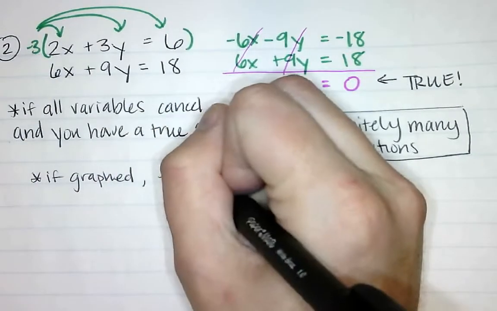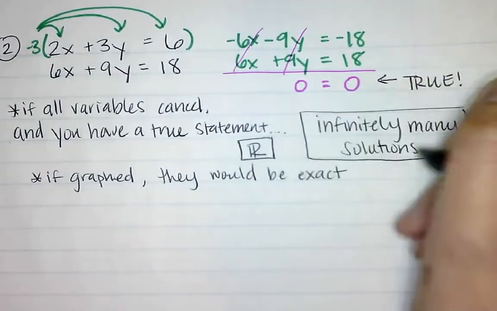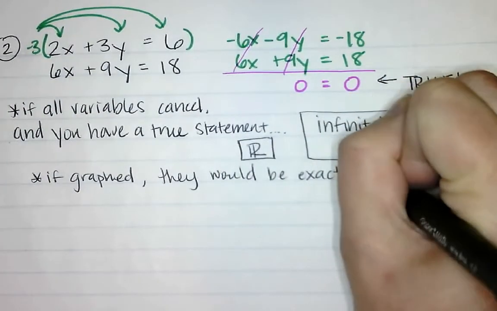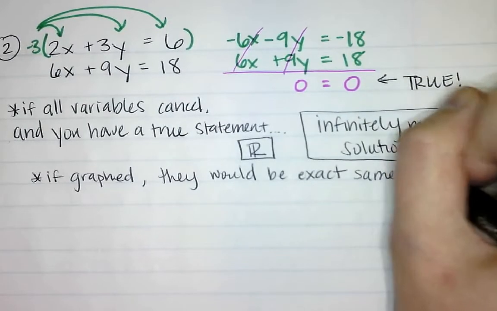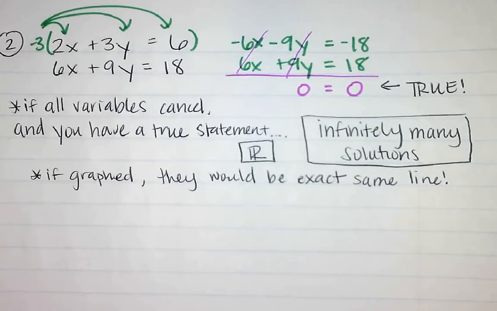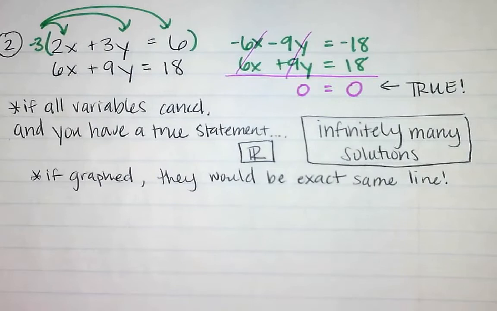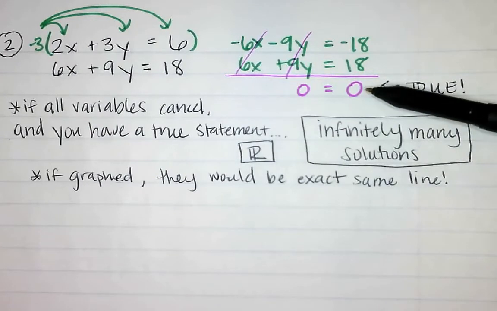So guys, they would be up on top of each other, right? They would be touching each other all over the place, right? Because they are infinitely many solutions. So if these were graphed, they would be the exact same line. Y'all feel good about that? Excellent. All right. So if you're graphing it and it's the exact same line, that's infinitely many solutions. If you're solving algebraically, this is what infinitely many solutions look like when all your variables cancel.